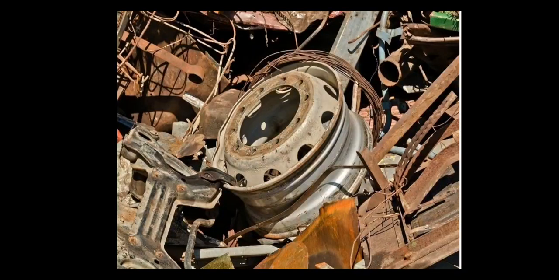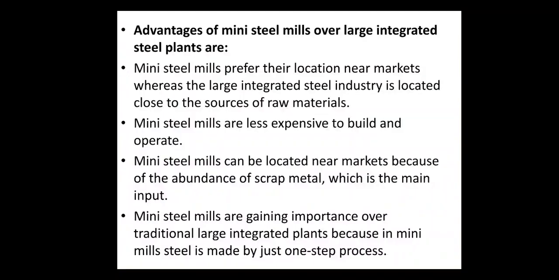This picture shows scrap metal. These scrap metals can be recycled in the blast furnace to produce steel. Mini steel mills are gaining importance over traditional large integrated steel plants because a mini steel mill uses a one-step process. It only needs one blast furnace to convert scrap metal to steel.